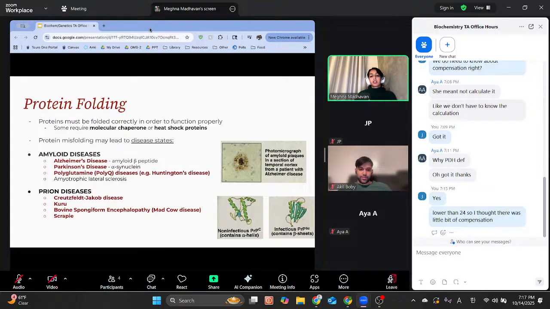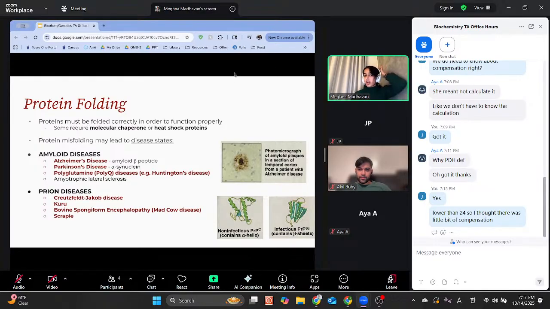Prion diseases are specifically caused by PrP-Sc, which has beta sheets, whereas amyloid diseases can have a multitude of different causes. So Alzheimer's is amyloid beta plaques, Parkinson's disease is alpha-synuclein, poly-Q diseases or polyglutamine diseases, which I think you guys learned in a previous section are from the CAG repeat, the trinucleotide repeat, and then amyotrophic lateral sclerosis or ALS.